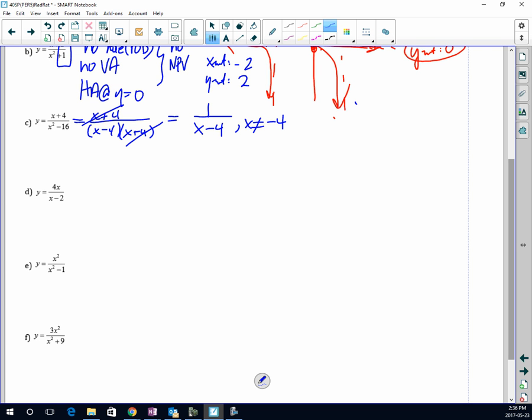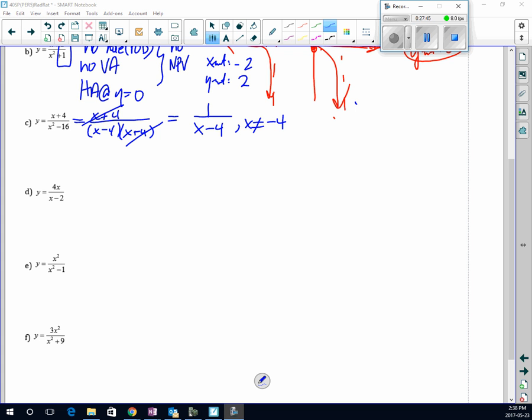Because what I canceled here is a factor of x plus 4, which represents x can't be negative 4. Yeah, but it's implied right there. In a second, I'm going to put what there? A vertical asymptote. This represents the hole. So when you can factor it out, that's when it's the hole. Graph.